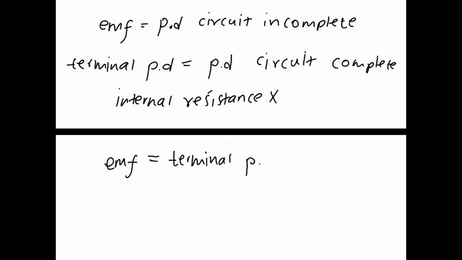In grade 11 or even 12, they will talk about internal resistance. You'll realize that typically when you have internal resistance, battery resistance, the EMF will be slightly higher than the terminal potential difference.